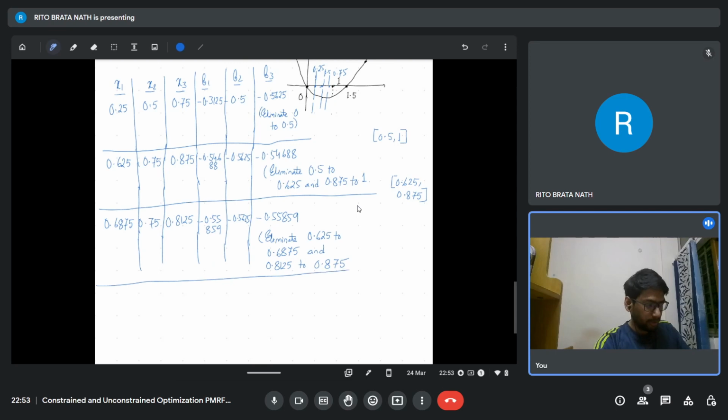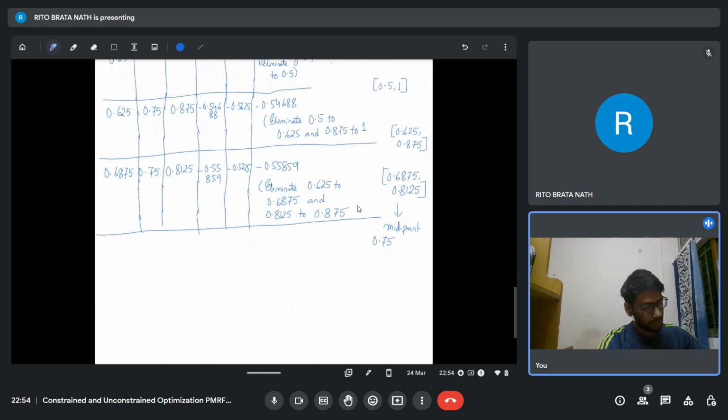So the new interval that you will be getting from here is 0.6875 to 0.8125. And the midpoint is 0.75. And you know that the minimum will lie in this interval.